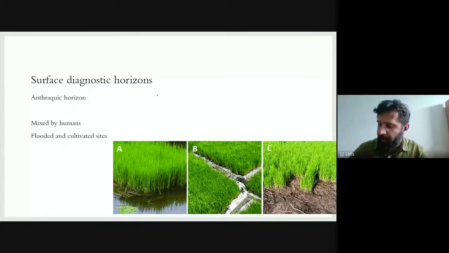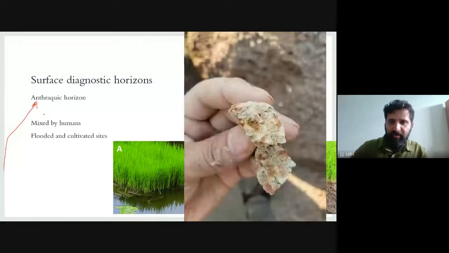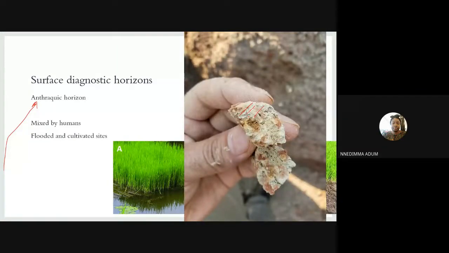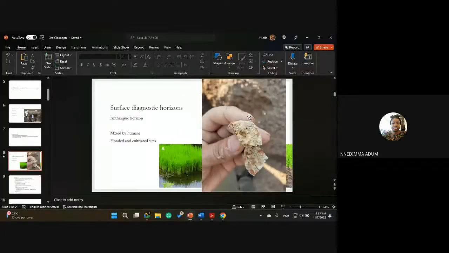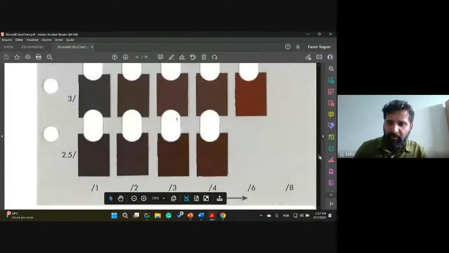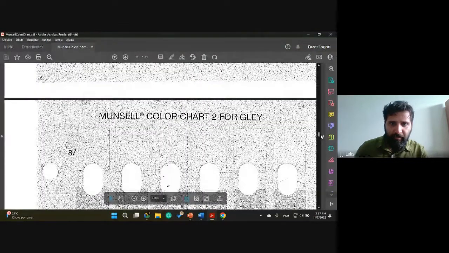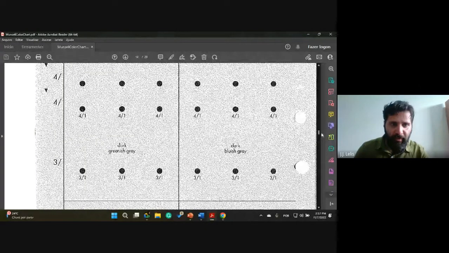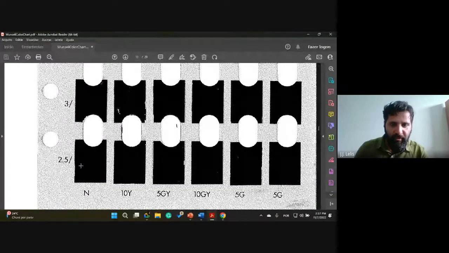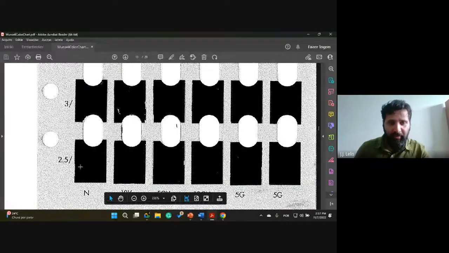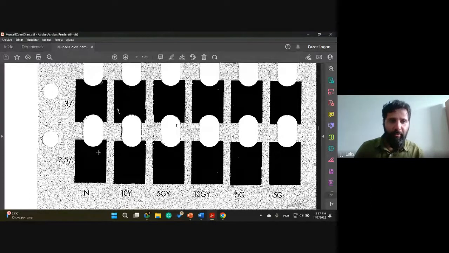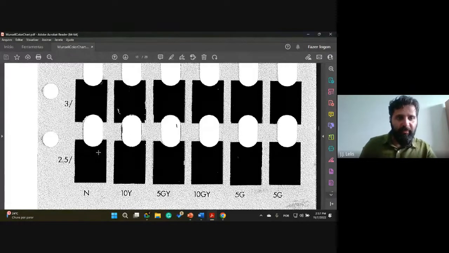We have the dendritic horizon. The dendritic horizon could be a very good option because we present this gray color. Let me show you the gray color of this horizon. It's here. It's a very dark horizon. It should present a high content of organic carbon, and it presents a high content of organic carbon.